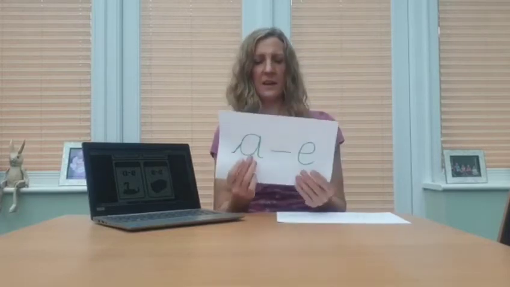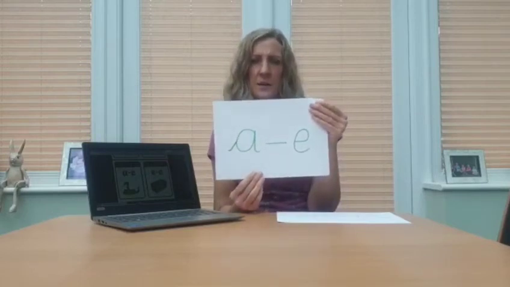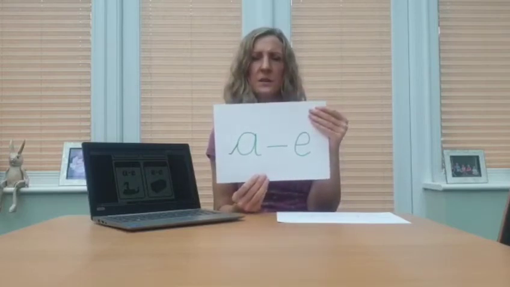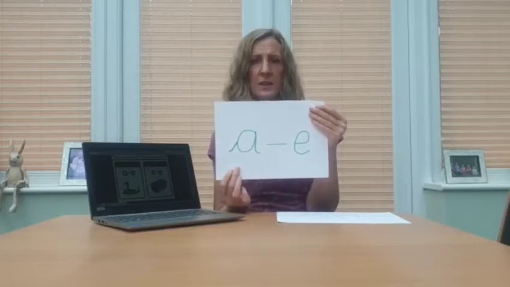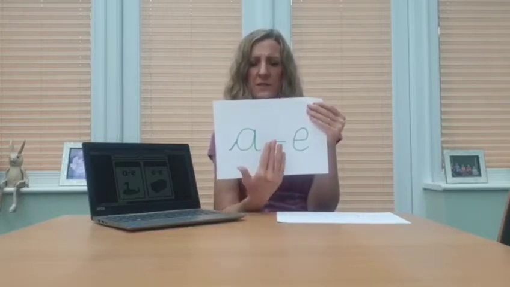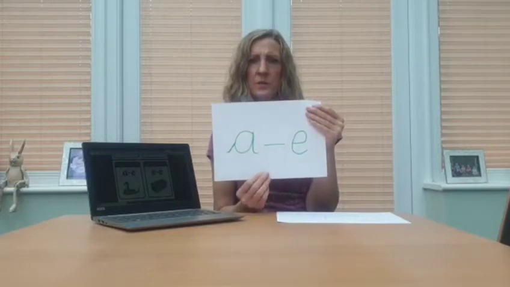So the a-e digraph is split up by another letter. I usually try and explain to children that the a and the e are too chatty to sit together. We have to split them up with something else, so they can't sit together anymore.